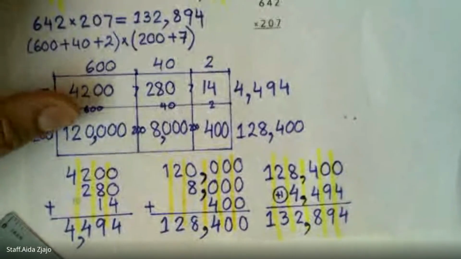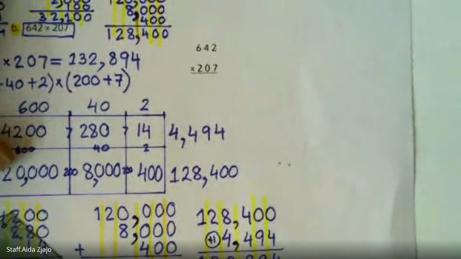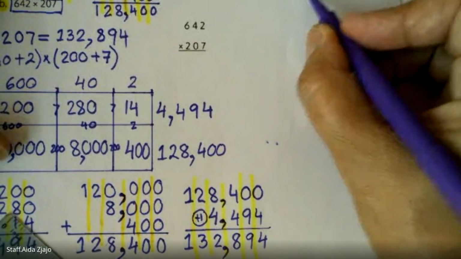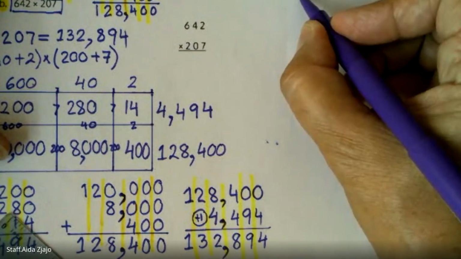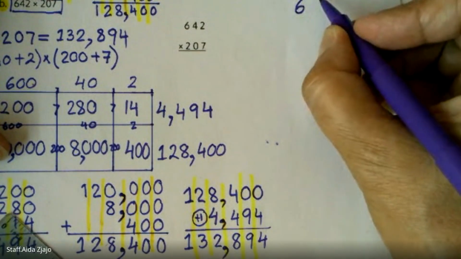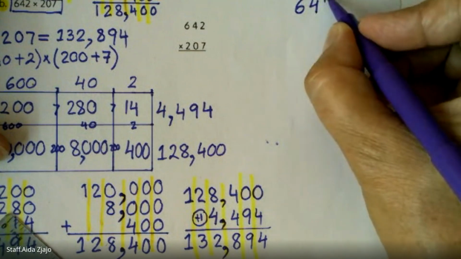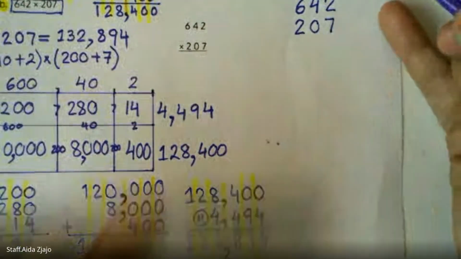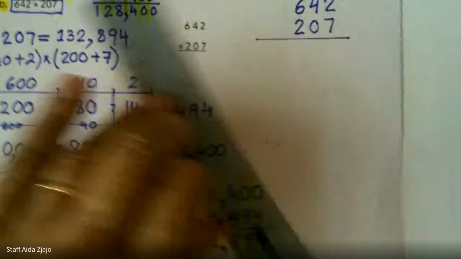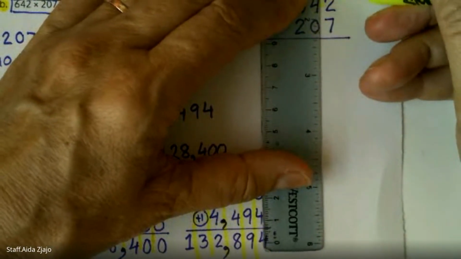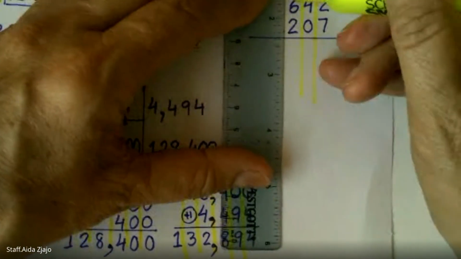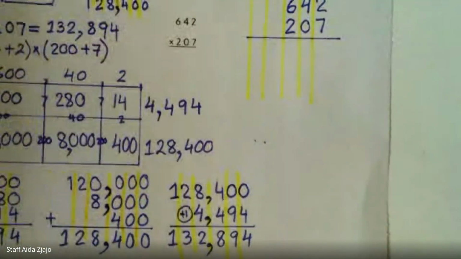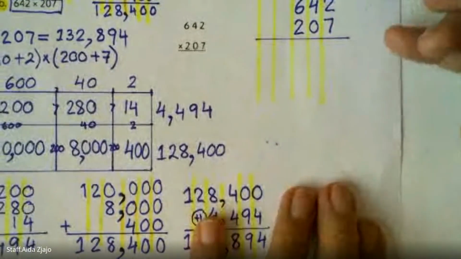So I'm going to make it a little bit bigger, and then I have to rewrite all the numbers. So I'm going to start right here. 642 times 207. Underline. I'm going to draw lines between. I'm adding extra just in case, because we have 3 digit by 3 digits.